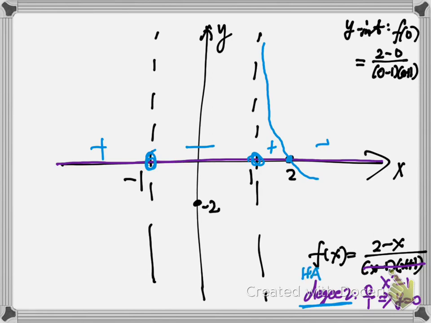Horizontal asymptote tells us, when you go very far, it will go back to almost x-axis. Now this is from the y-intercept, so this is on the graph. And always negative, so go down forever.